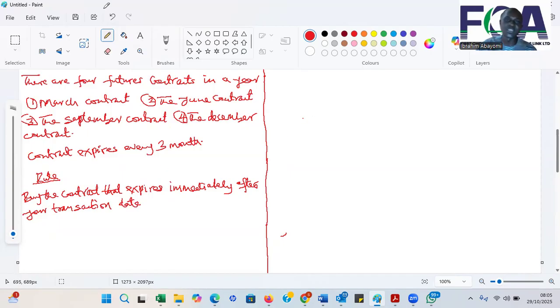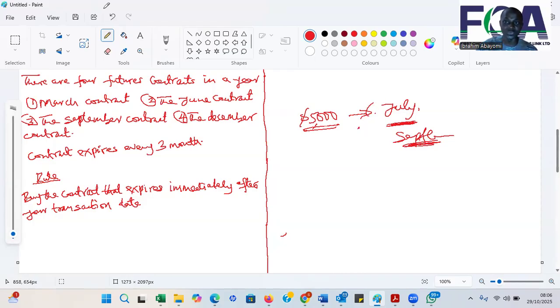For instance, if I have a $5,000 payment I want to make, and I want to hedge it using futures contract, and the payment date is July, the appropriate future for me to buy is the September contract. I cannot use June contract to hedge. Why?